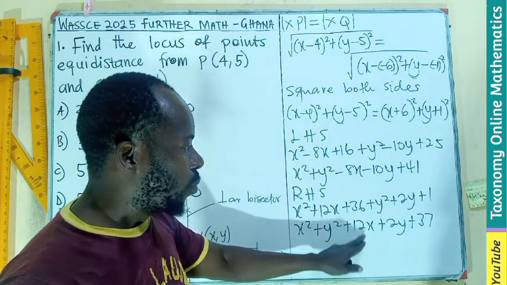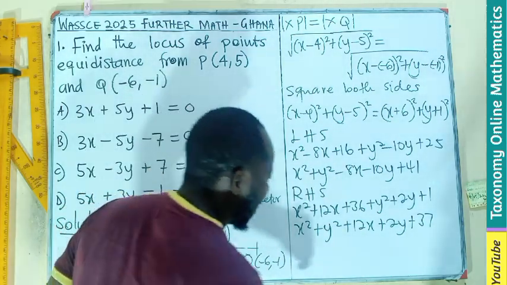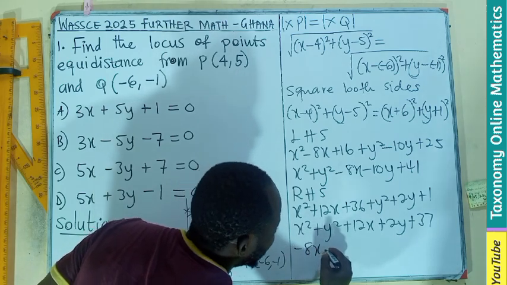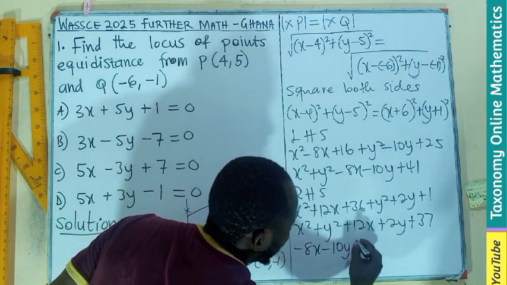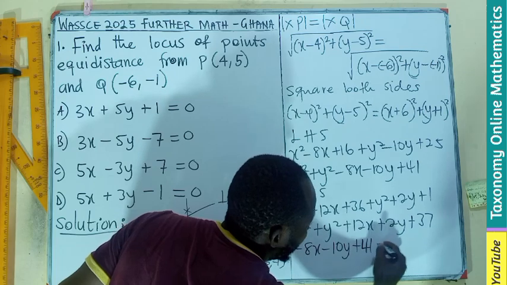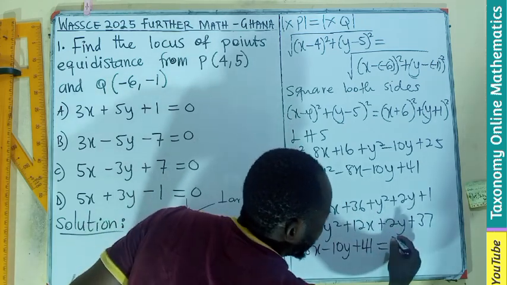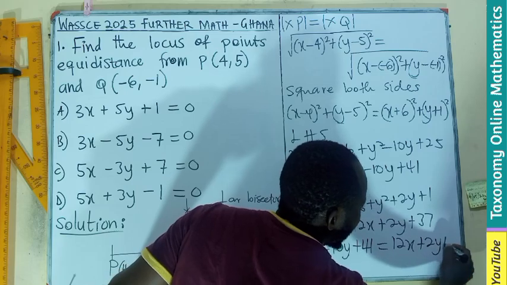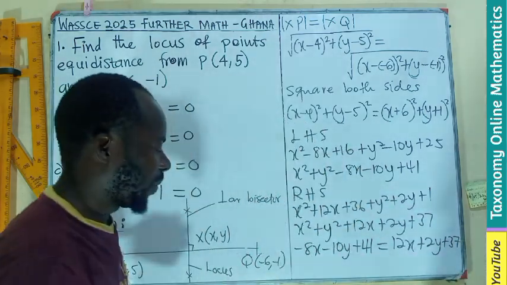Then I can group these together: minus 8x minus 10y plus 41 equals plus 12x plus 2y plus 37.